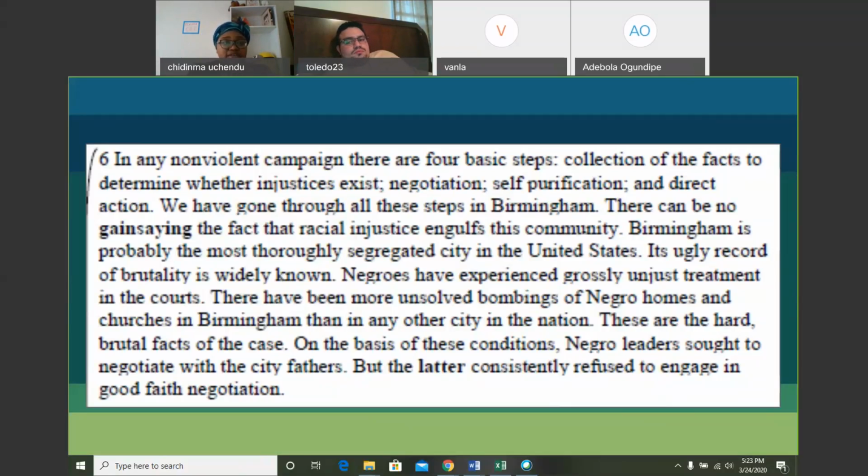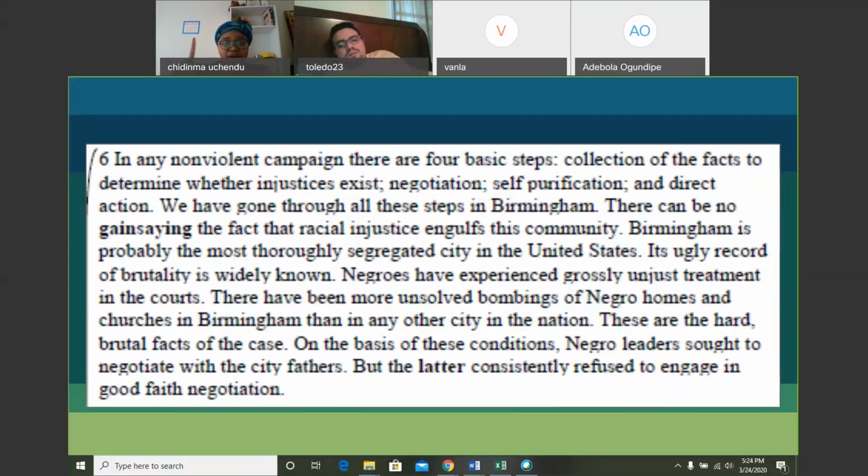Paragraph 6. In any non-violent campaign, there are 4 basic steps. Collection of the facts to determine whether injustices exist. Negotiation, that's 2. Self-purification, that's 3. And direct action. So basically, there are 4 parts when it comes to a campaign, a non-violent, peaceful protest.